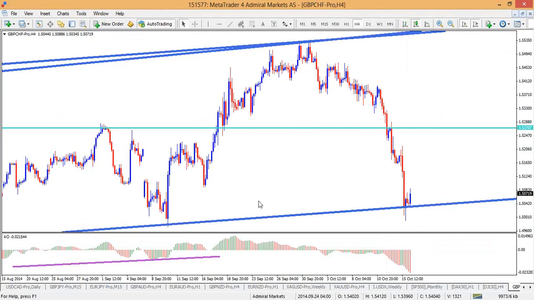So the chances of us having to live through some retracement, to live through some unpleasant price action, is quite high. But these are general observations. It could be something else. I don't know the details, of course.